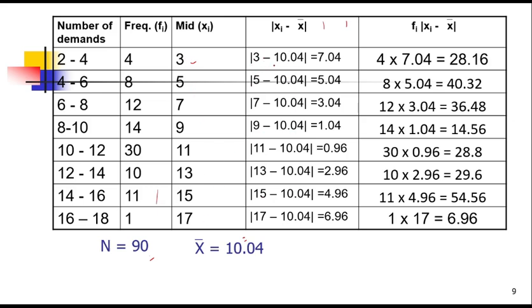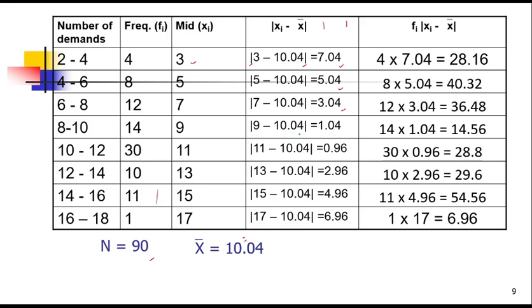So 3 minus 10.04 is minus 7.04, but because of this absolute symbol, we write 7.04. This absolute symbol is also called modulus, or in short mod. So we may call it mod of x minus x bar. 5 minus 10.04 is minus 5.04, which becomes plus 5.04. 7 minus 10.04 gives 3.04.